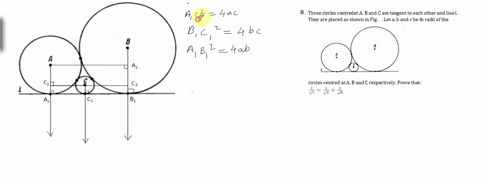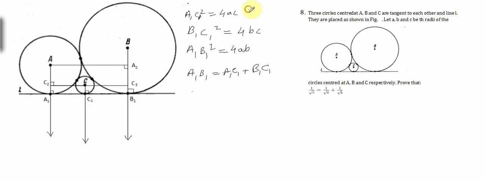and after we have proved all these three things, then we will use a1 b1 is equal to a1 c1 plus b1 c1 from the diagram. a1 b1 is equal to a1 c1 plus c1 b1.